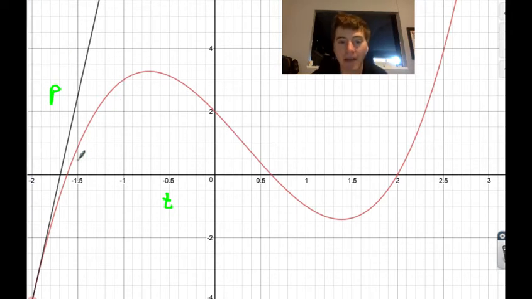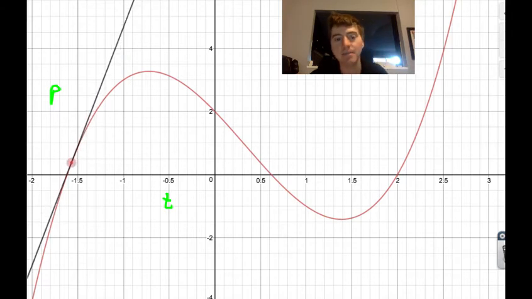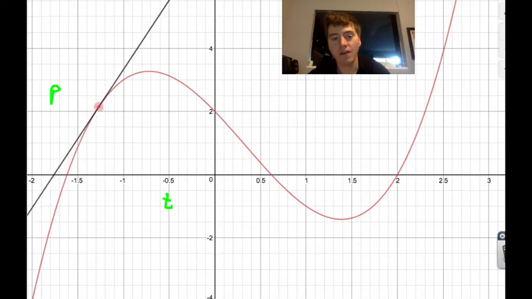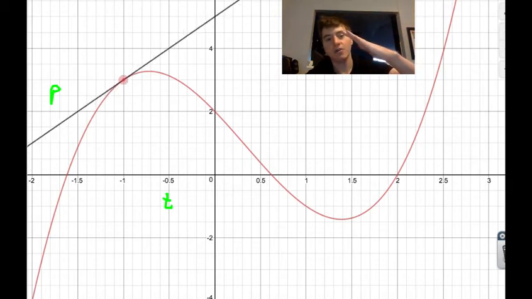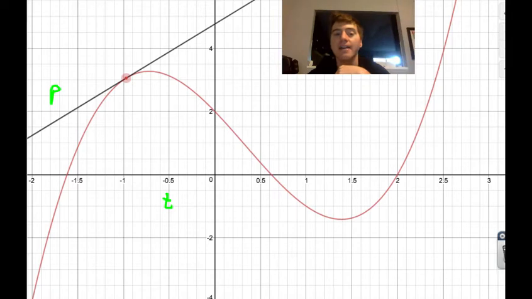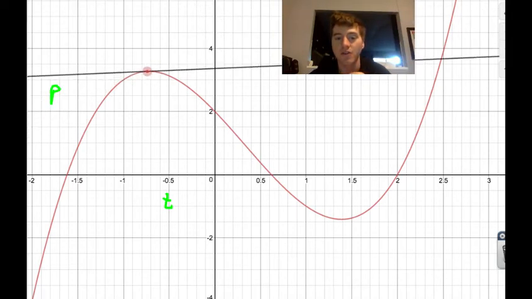So let's look at what happens as we go up this direction here. This black line is my slope, and as I move along this curve, we start with a pretty steep slope for this line. But as you go, the steepness of that line gets shallower and shallower and shallower, and then eventually to a slope of 0, where it's straight across.